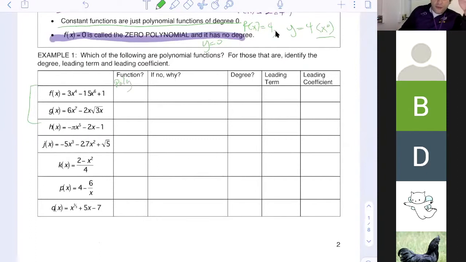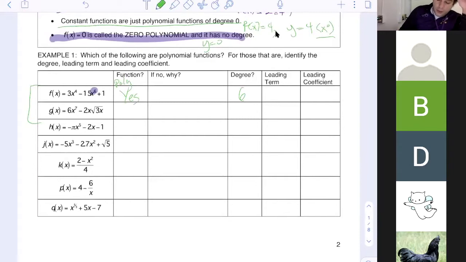So the first one, f of x equals 3x to the 4th minus 15x to the 6th plus 1, it's definitely a polynomial function. The degree is 6, because I have to find the biggest exponent. Even though 4 is in front, technically the biggest exponent is the degree.